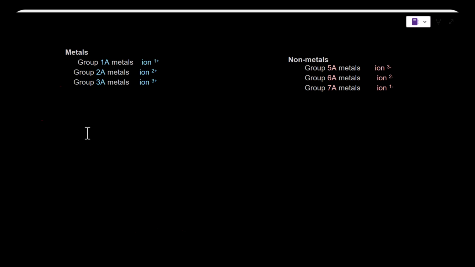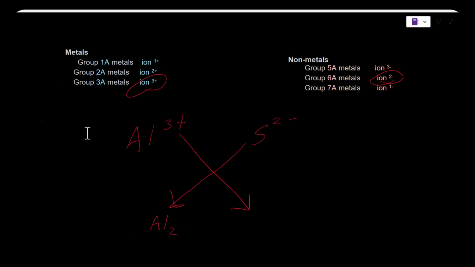Another example would be if we went to the third group with aluminum, which has a positive charge of 3, and went to the sixth group with a sulfide ion with a negative charge of 2. We could simply crisscross the charges, so it would be Al, then subscript 2, and then S for sulfur, with the positive charge of 3 on the aluminum becoming a subscript of 3 on sulfur.